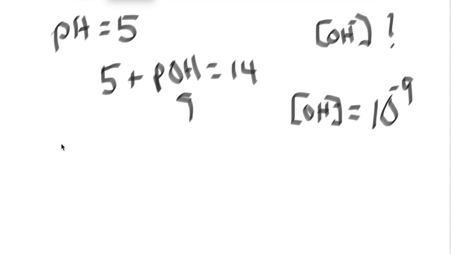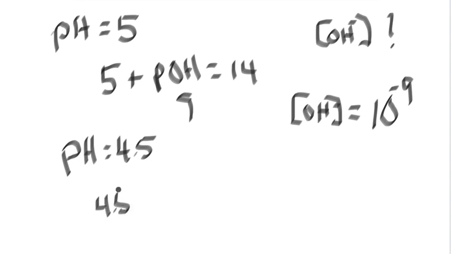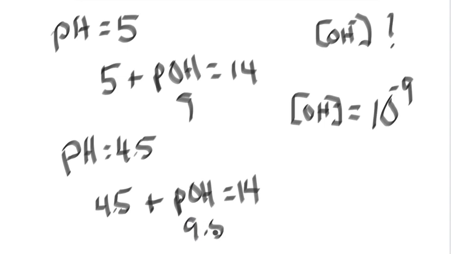The pH isn't always going to be nice whole numbers like 5, so let's try another one. Let's say the pH is 4.5. You do the same thing: 4.5 plus the pOH is going to equal 14. So we know that the pOH is 9.5, because 9.5 plus 4.5 equals 14.